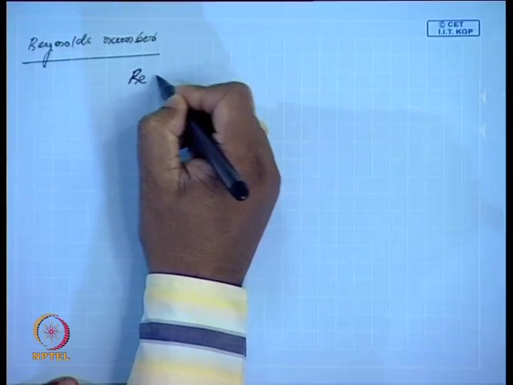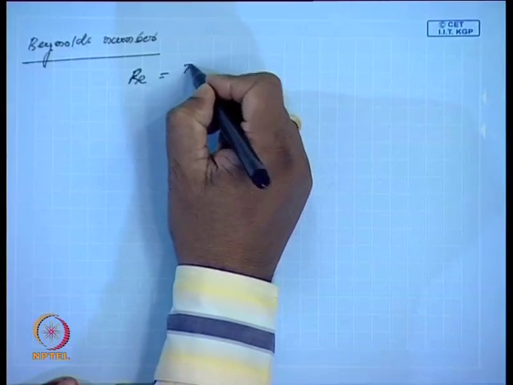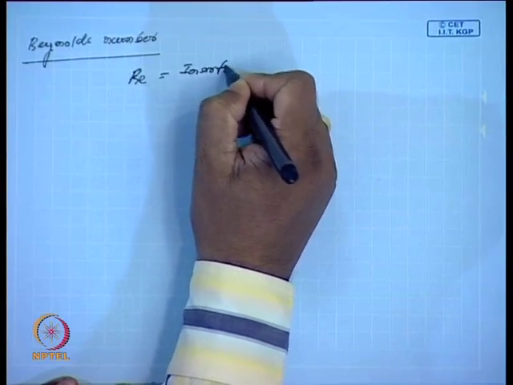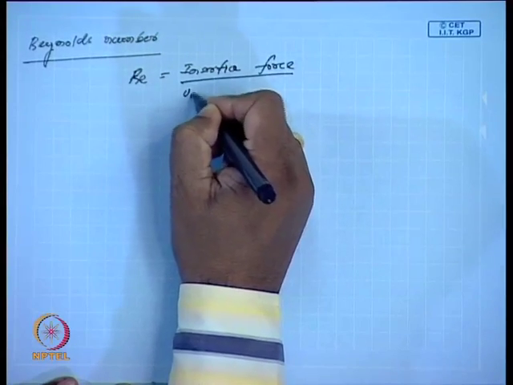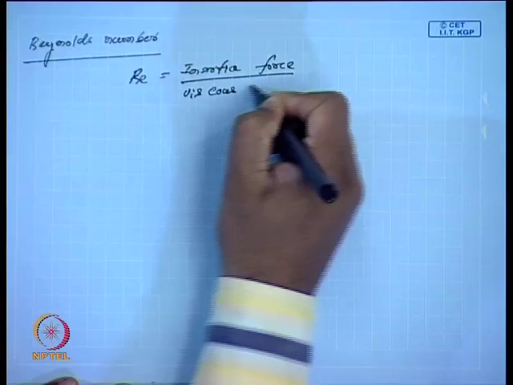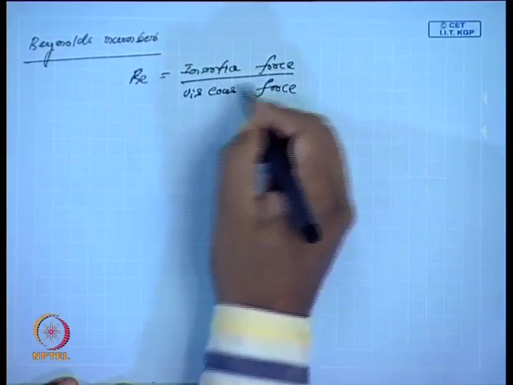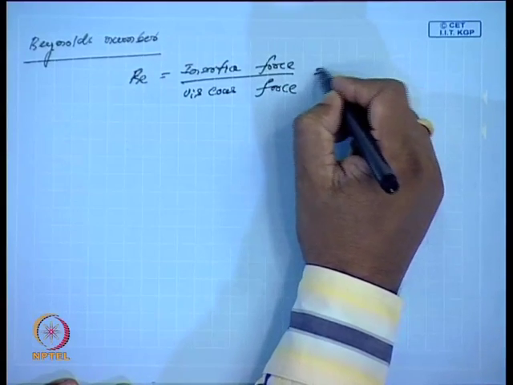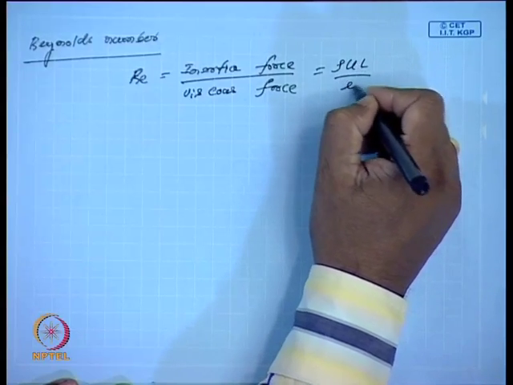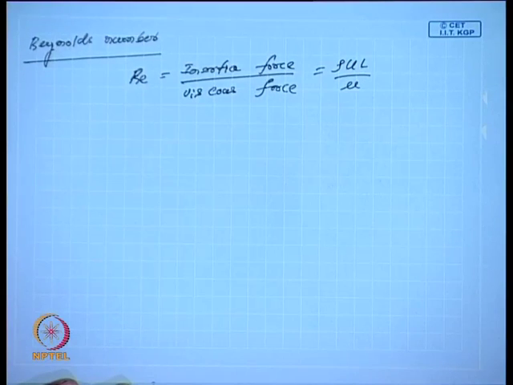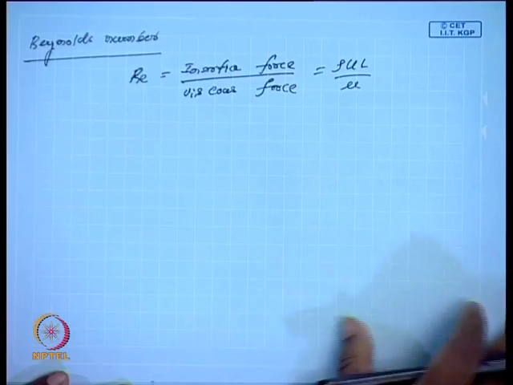I denote it by Re, it is a measure of the ratio of the inertia force to the viscous force, and often we write it as rho u L by mu. Mu is the dynamic coefficient of viscosity, rho is the density, u is the characteristic fluid velocity, and L is the characteristic length.